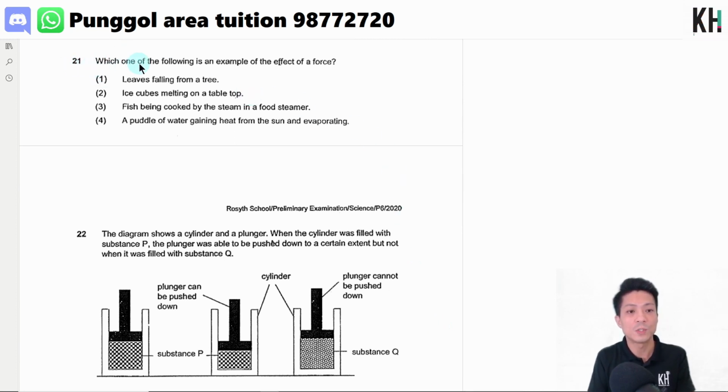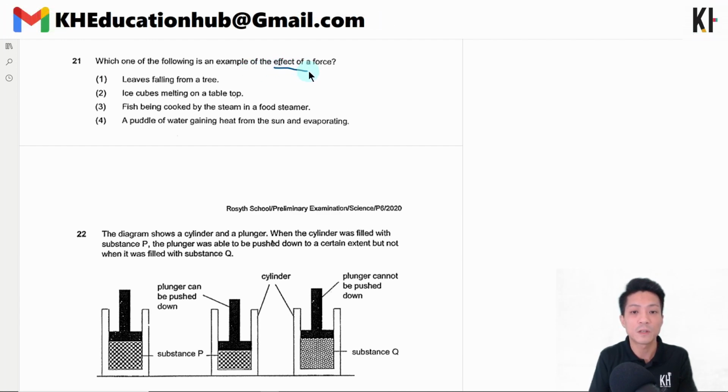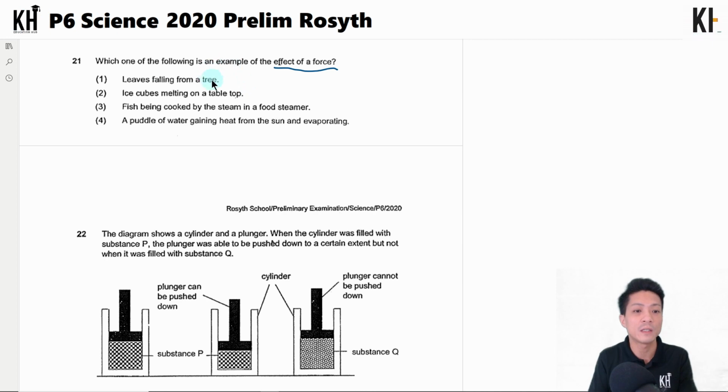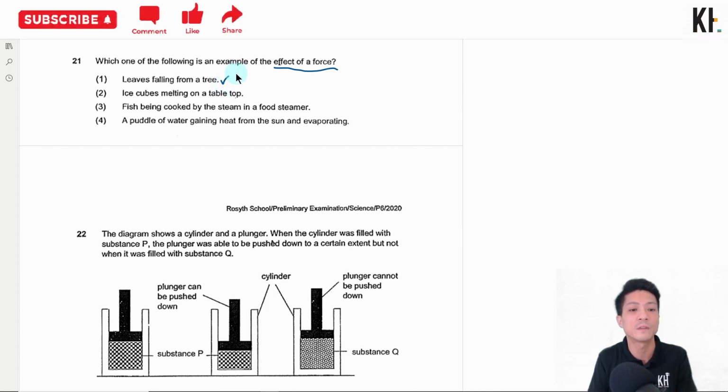Question 21. Which one of the following is an example of the effect of force? If you remember, a force can cause a stationary object to move and change the direction of a moving object. All these you should be familiar with. Leaves falling from a tree. Probably yes, because if a force doesn't act on the leaf, then it will not fall.